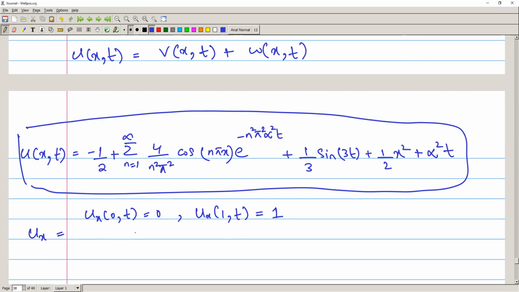And then we will verify whether the solution gives this value or not. So you can verify, and also you can verify the initial condition as well, at x comma 0. So this is the idea of Duhamel's principle. Thanks for watching the lesson.